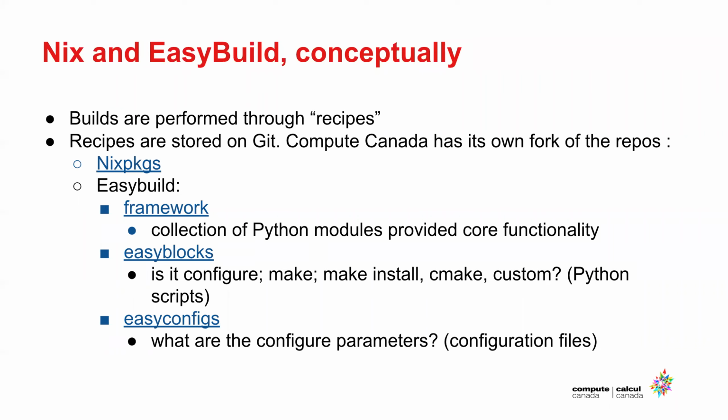Bart, my colleague, has been one of the maintainers of EasyBuild for about a year or so. Not so much with Nix. We do have some minor local modifications to Nix, but we basically use it as is. But all of this is public. The recipes are on our GitHub organization.